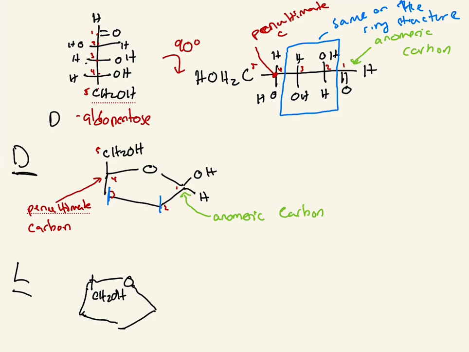So this is going to be OH and then H. And what about on the third carbon? What's going up and what's going down? H is up and OH is down.